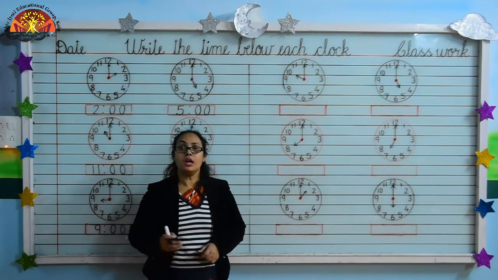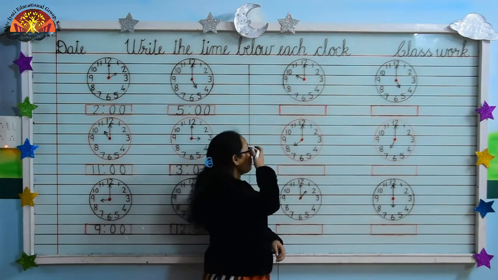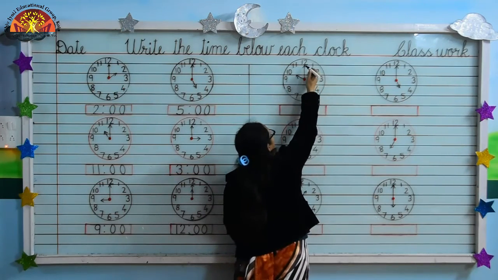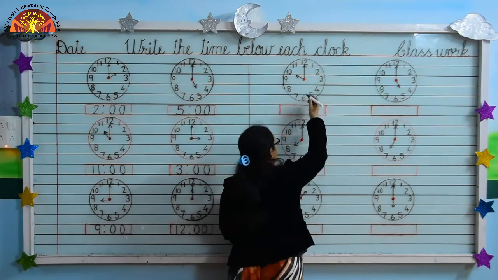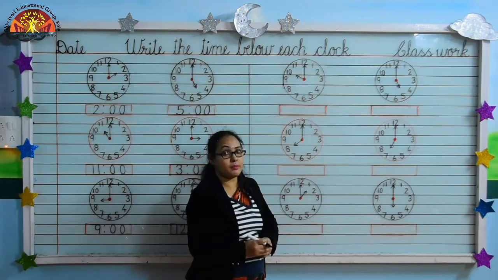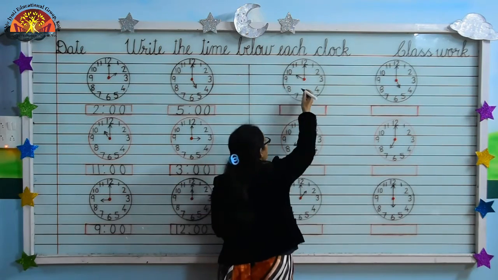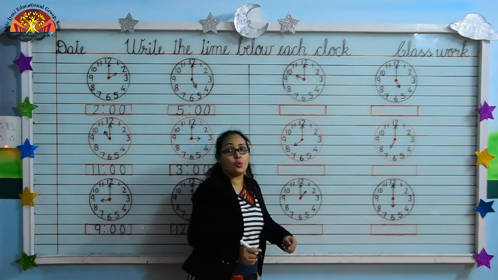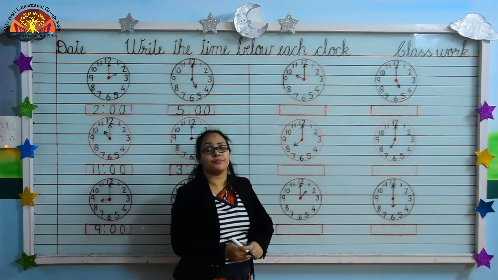Kids, now come on the page number 71. Kids, where is the long hand? Yes, the long hand is at 12. Kids, now you tell me, where is the short hand? Yes, the short hand is at 10. Kids, what time is the clock showing here?